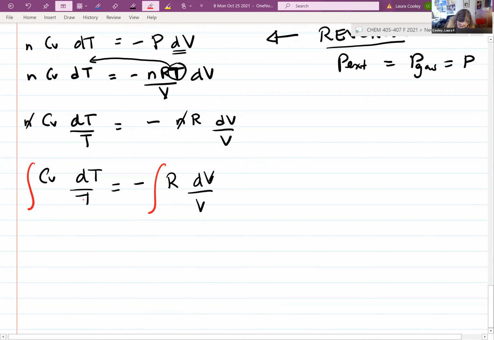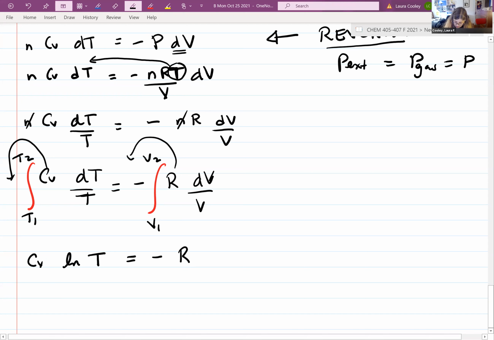Okay, so this is over temperature. So this integral goes from T1 to T2. This one goes from V1 to V2. And so I can take the Cv out. And then the integral of dT over T is natural log of T. I'm going to take the R out. And this is natural log of V evaluated over the limits.